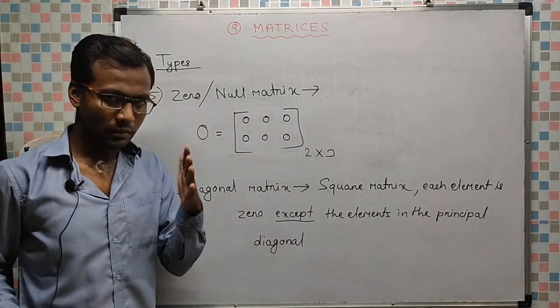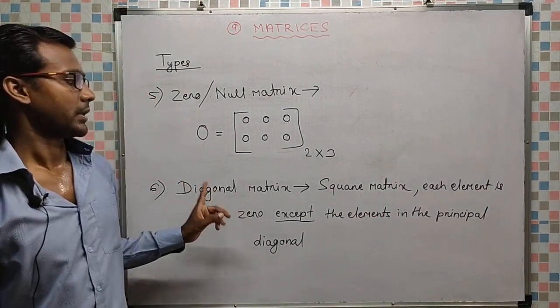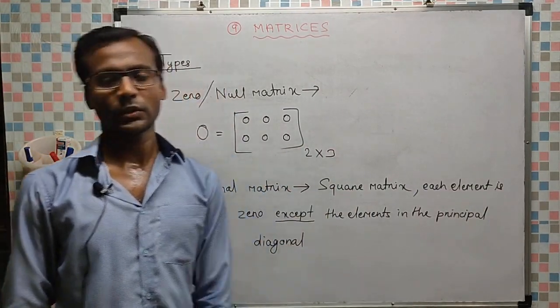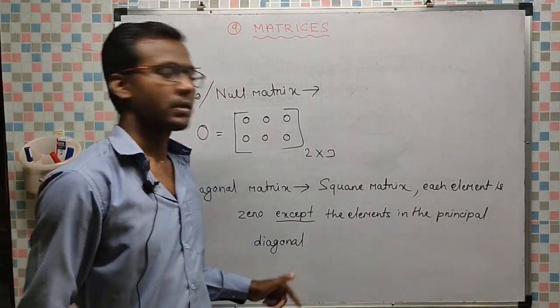Again, a diagonal matrix is a special type of square matrix in which each element will be 0 except the elements in the principal diagonal.